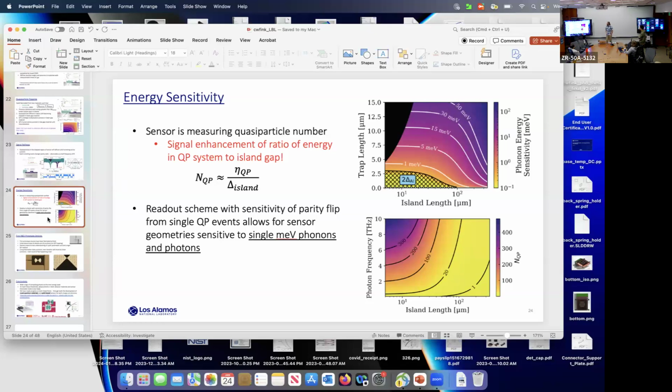From modeling, I can't say anything about unknown backgrounds without measuring them first. There's no intrinsic reason we couldn't measure this if backgrounds could be controlled. Okay, thanks.